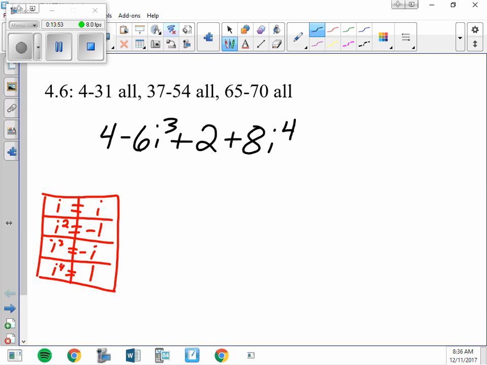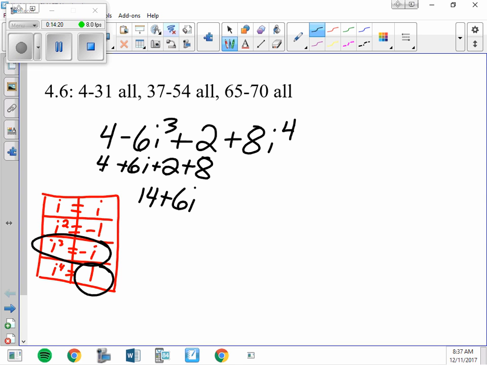Well, i to the third is negative i, so it would be 4 plus 6i, okay, plus 2, and i to the fourth is just 1, so that becomes plus 8. And then we would just simplify. 4 plus 2 is 6, plus 8 is 14, plus 6i. Does that make sense?